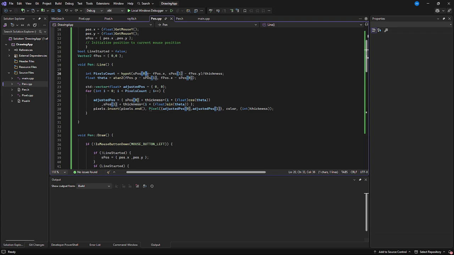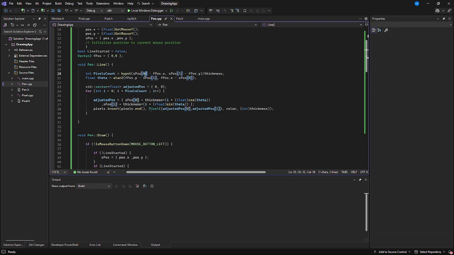Since this is a vector, index 0 is just the x position, minus the final position x, comma, safe position index 1, which is y, because the coordinate system is x, y, right? And when you code, you start from 0, so x is 0 and y is 1, minus final position y.